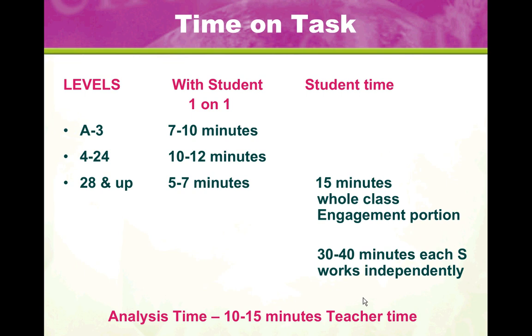And then beyond that, level 28 and above, it drops down to anywhere from 5 to 7 minutes because at this point the students are no longer taking your time to record. They are going back themselves, reading their text, and engaging in responding through writing.